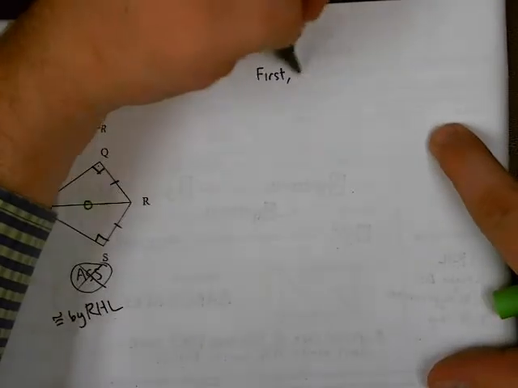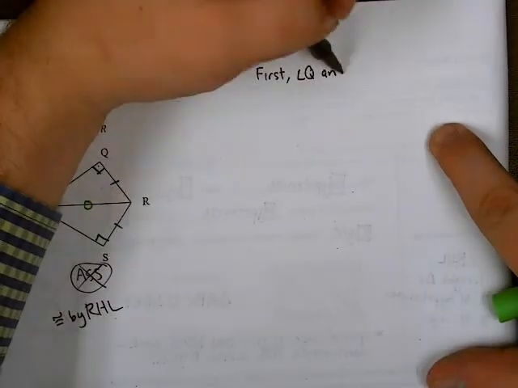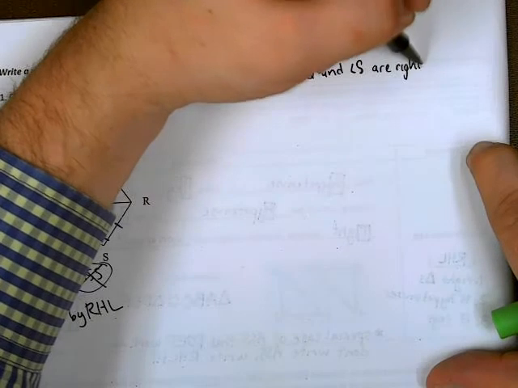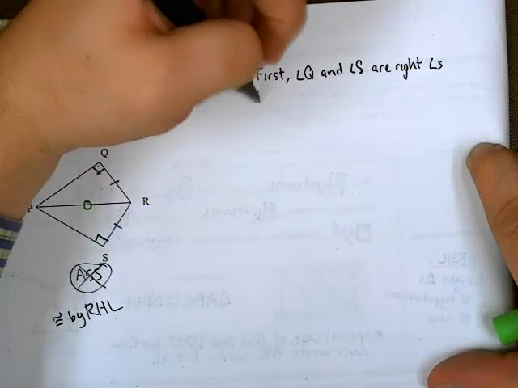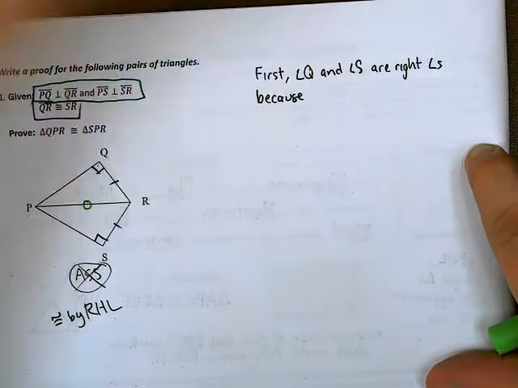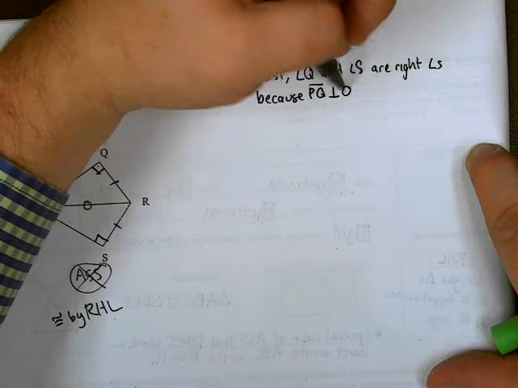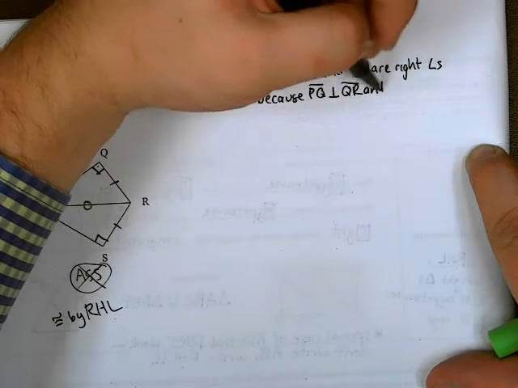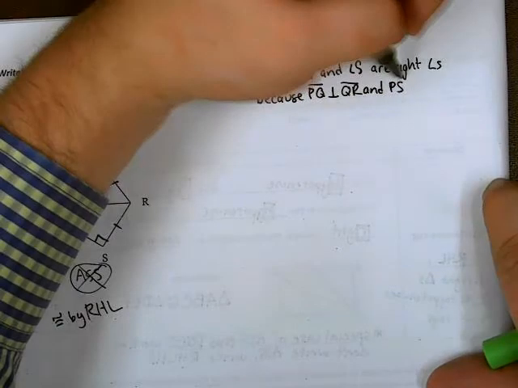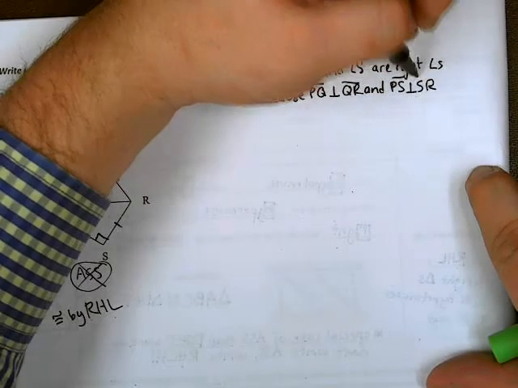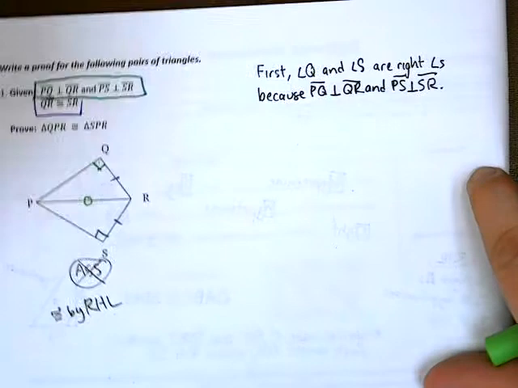So I know that angle Q and angle S are right angles, and that's because PQ is perpendicular to QR, and PS is perpendicular to SR. Did I say parallel? I meant perpendicular. All right.